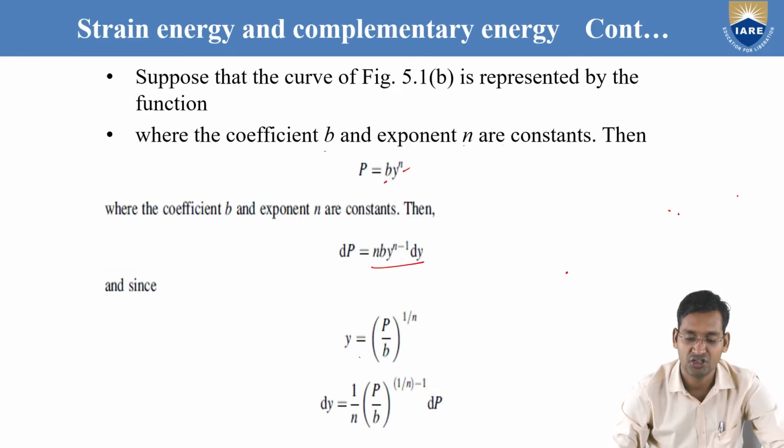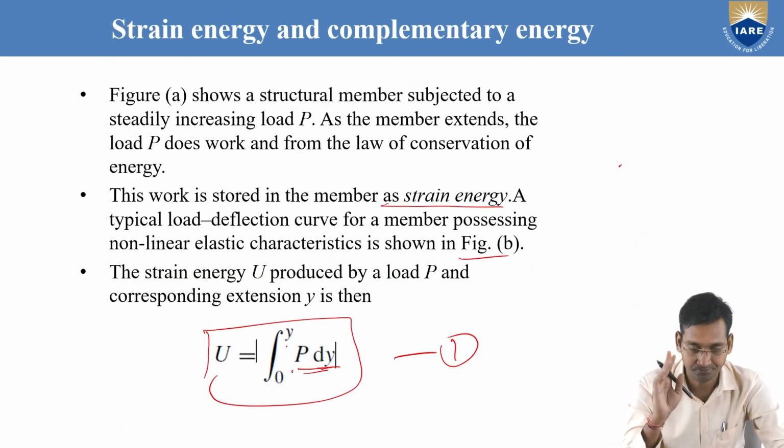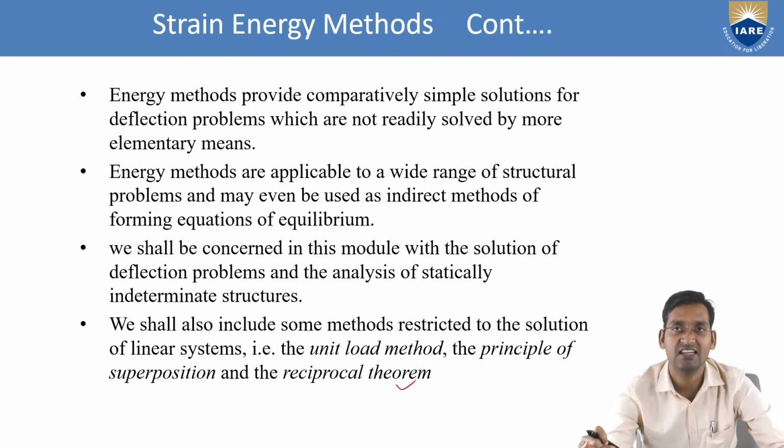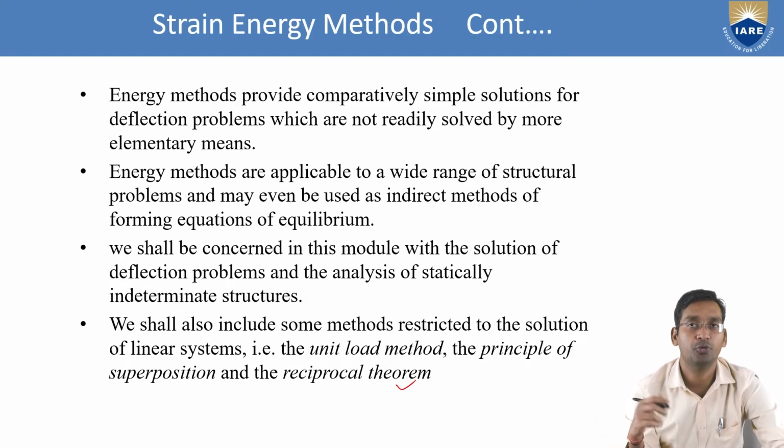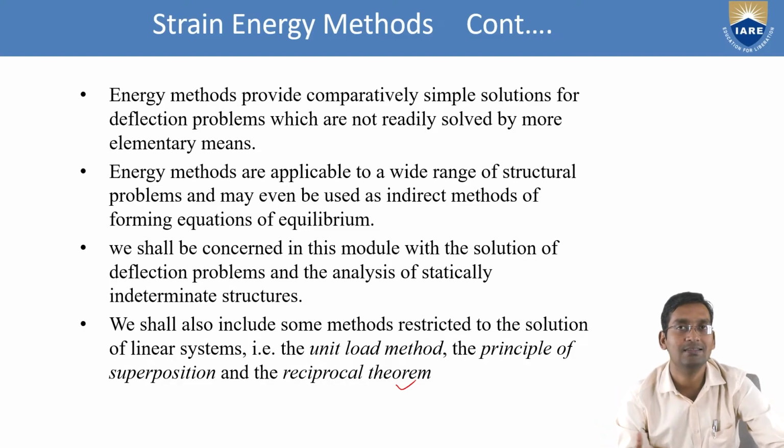Now just recall once again. First, the strain energy is the energy stored in the body according to whatever the deflection is. Next, complementary energy has no physical significance. If it has no physical significance, then why are we using it? For complementary energy, we proved that it is equal to the strain energy, whether in terms of deflection or load.